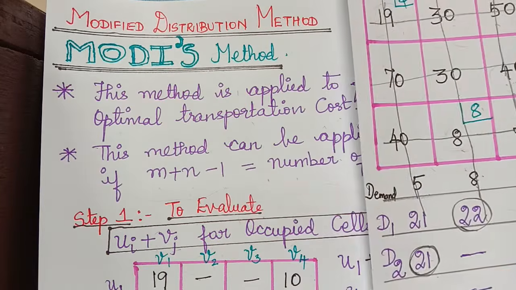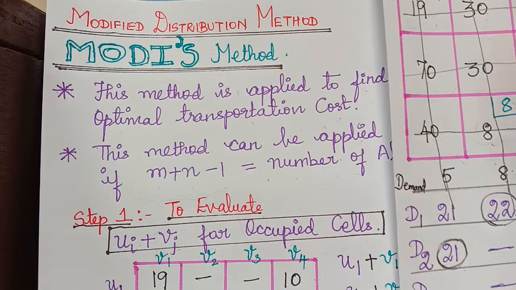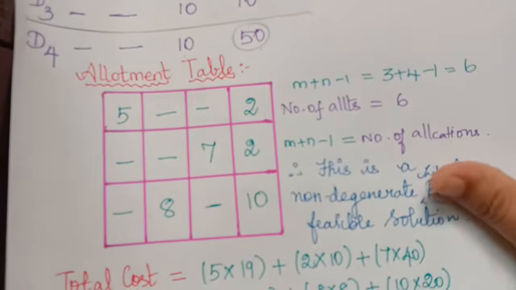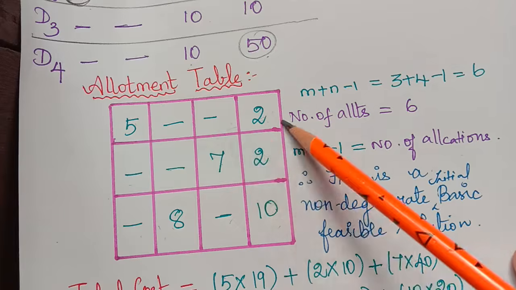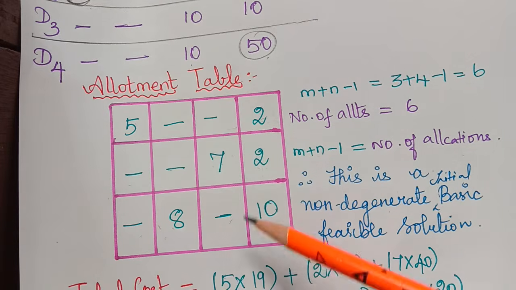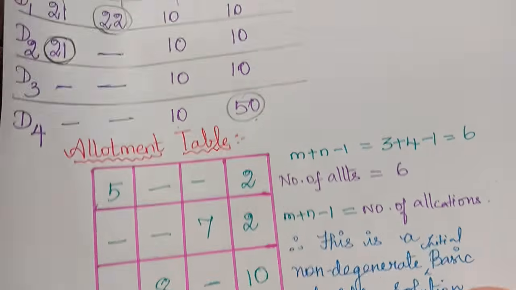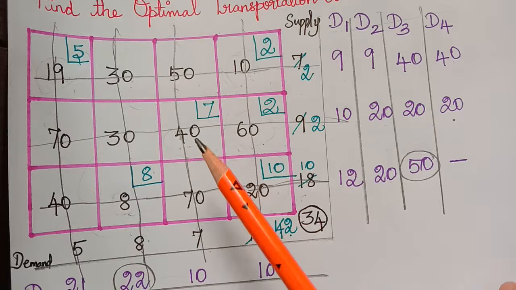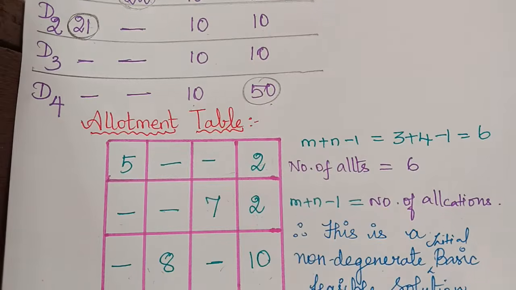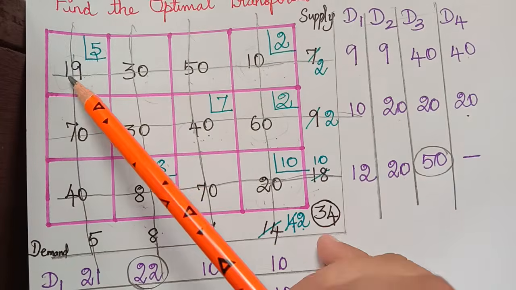Now we are going to find ui plus vj for the occupied cells, that is these are the occupied cells. For these cells we will be finding a new table where we will be replacing these values by the original cell values of the given matrix, that is at the place of 5, we have to check what is the original cell value.